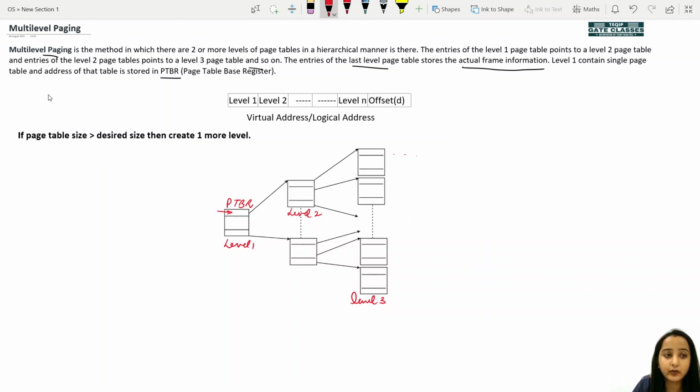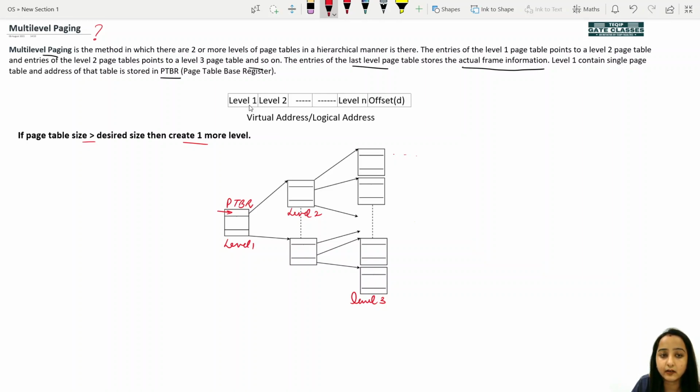So why do we require multi-level paging? If the page table size is greater than the desired size, then we create one more level. This is how we represent the logical address.